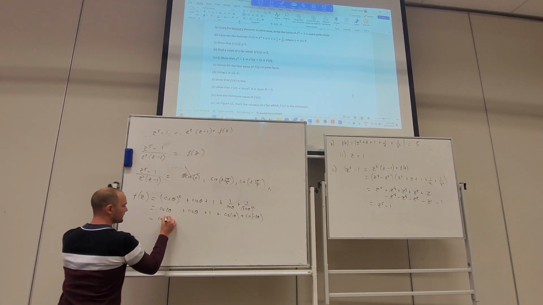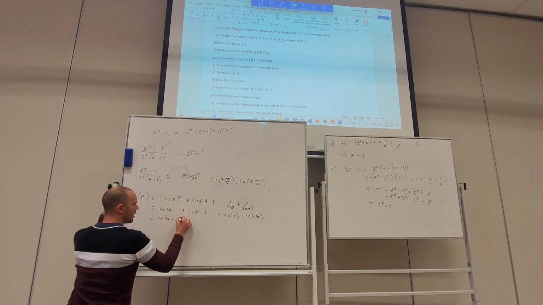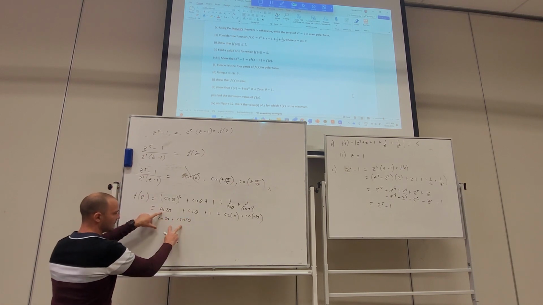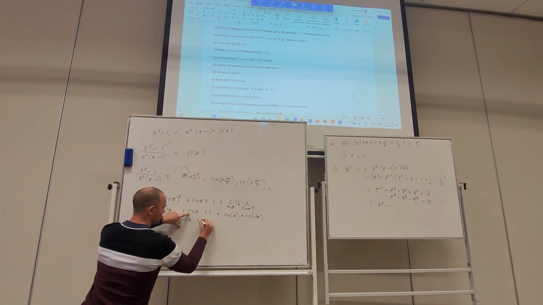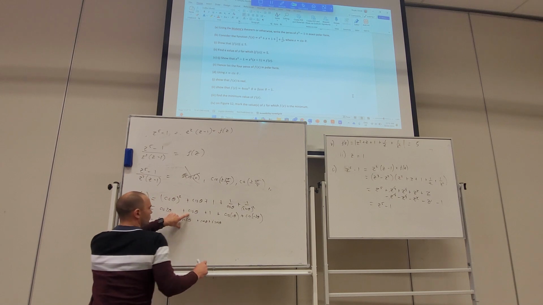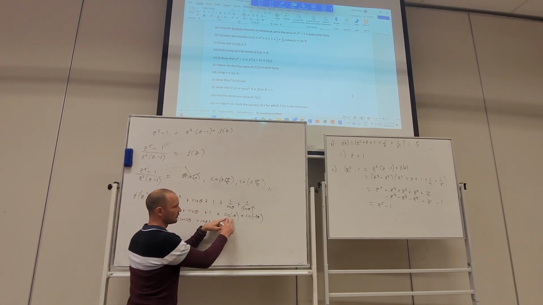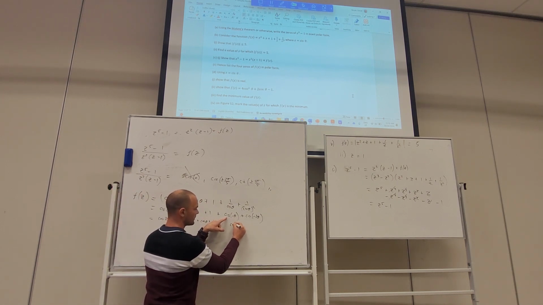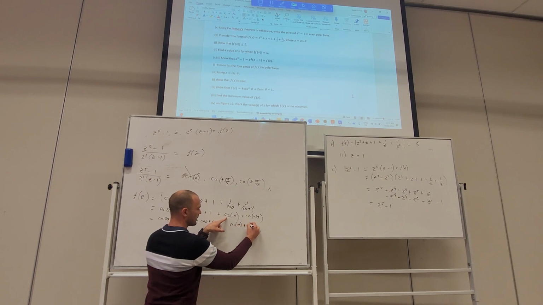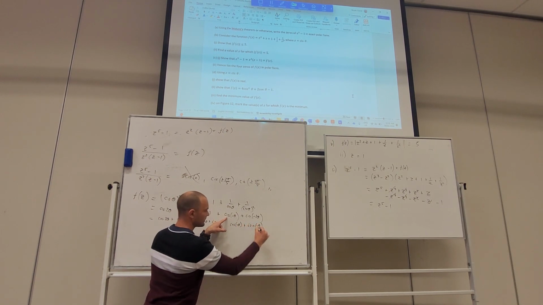This gives us cos of 2 theta plus i sine of 2 theta. Okay, that's what that one expands to. This gives us cos of theta plus i sine of theta. We'll put the plus 1 at the end, but then look what's going on here. We're going to have cos of minus theta plus i sine of minus theta.